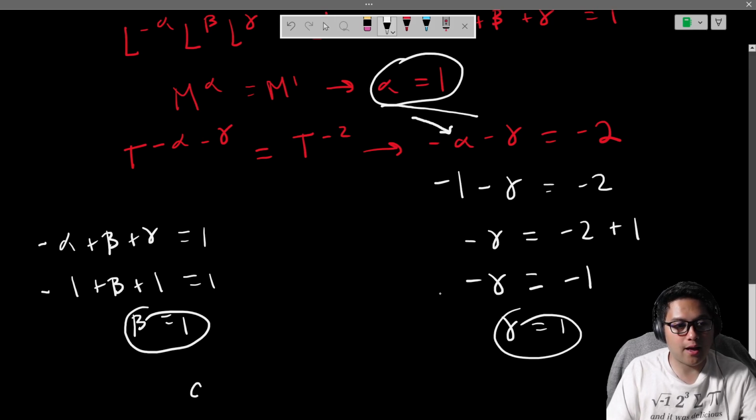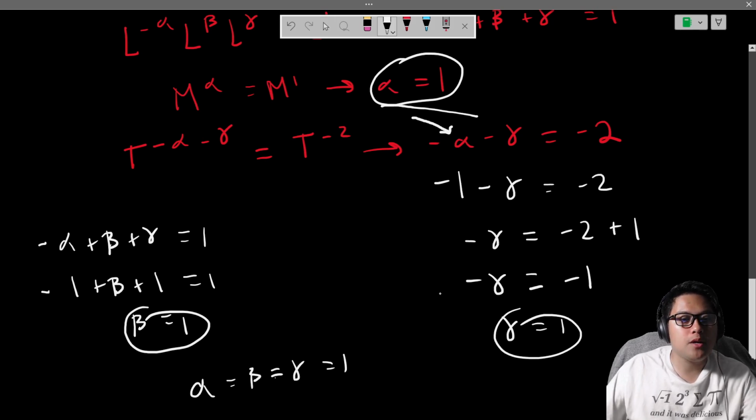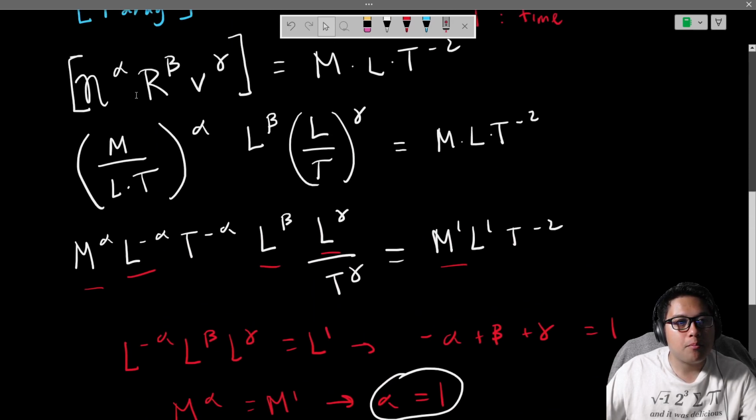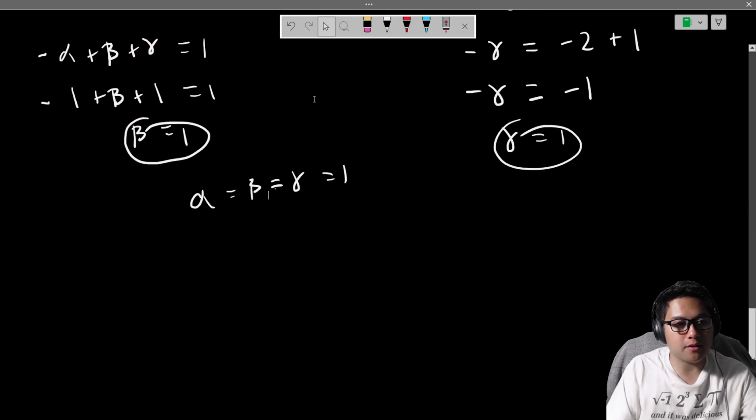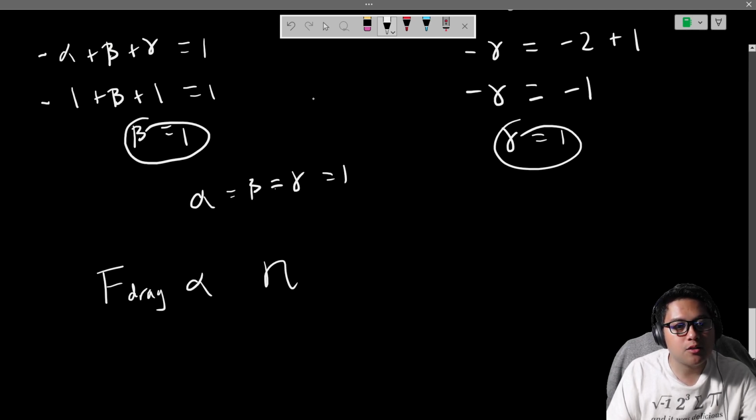So we know that alpha equals beta equals gamma, which is equal to 1, which means that the powers of eta, r, and v should all just be 1, right? So we know that F drag is proportional to something that has eta to the 1, r to the 1, v to the 1.